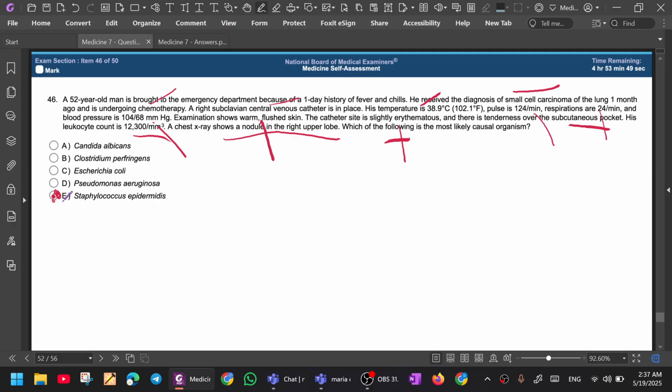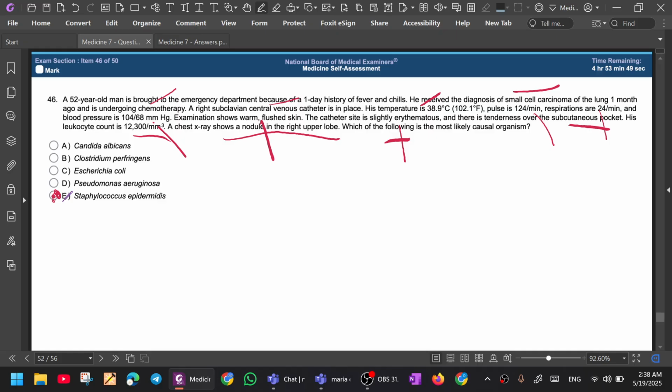Yes, is there any other thing you are thinking? I think it's definitely the catheter that the infection went through, right? Yes, and probably, or either he's immunosuppressed because he's going through chemo. So it's either immunosuppression or catheter.